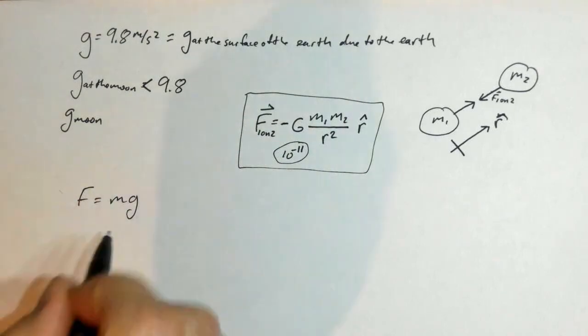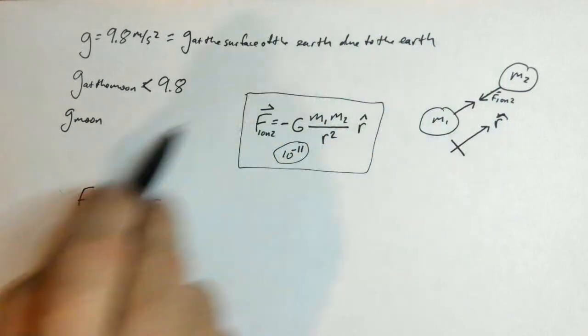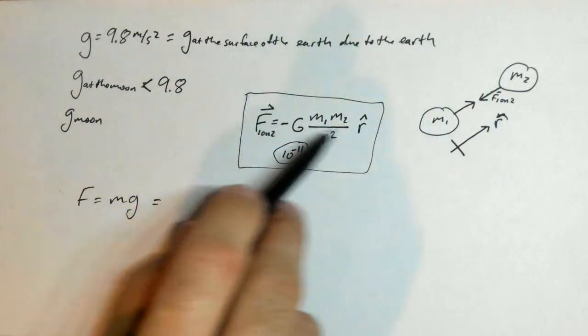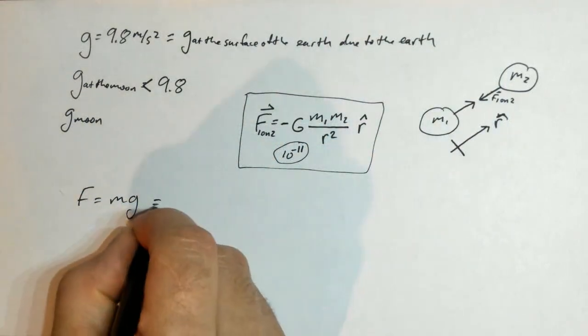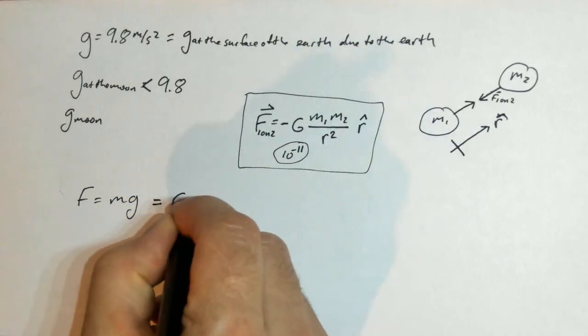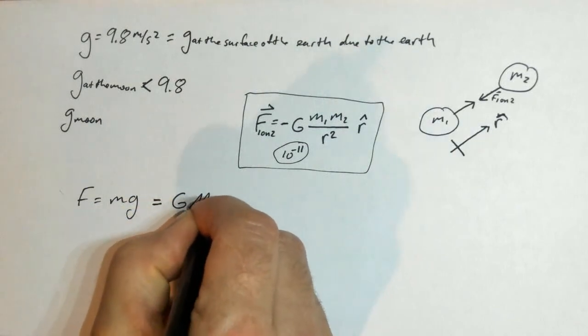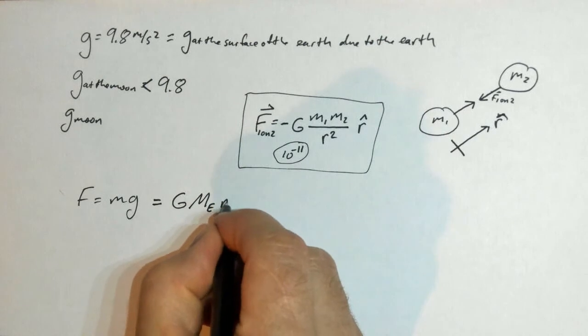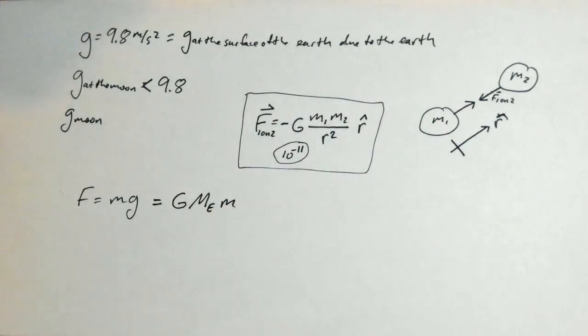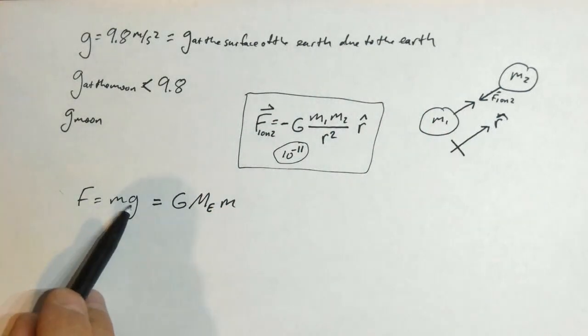Okay, so if that's equal to this, and we'll just take magnitudes right now, so forget the directions and the attractive negative sign. We get G times the mass of the Earth times the mass of whatever is being acted on. Again, this could be me being pulled by the Earth.